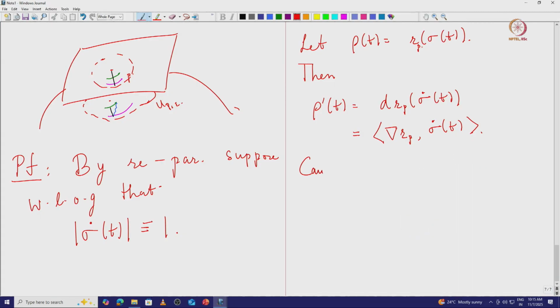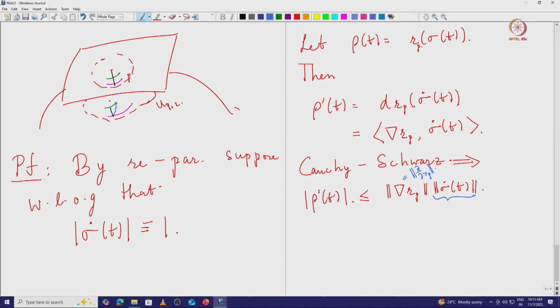So then by the Cauchy-Schwarz inequality, if you take the norm of rho prime of t, then that is going to be less than or equal to the individual norms of these vector fields. But now we saw previously that this guy is just the norm of del by del rp, and we have also seen that the norm of del by del rp is 1, right.